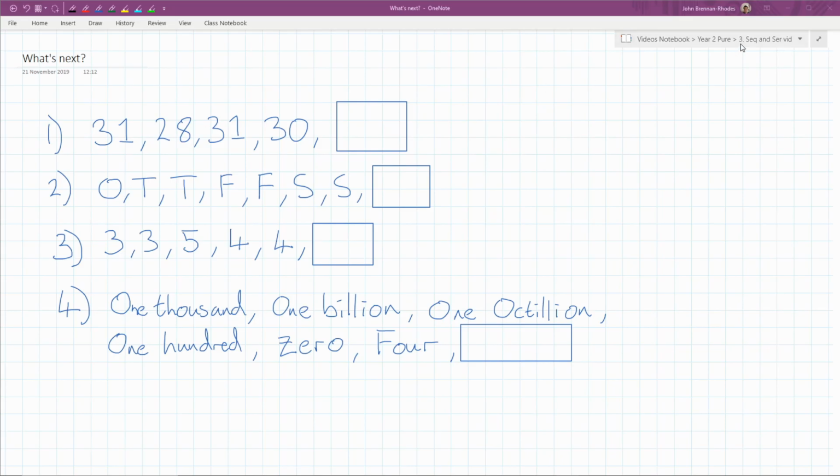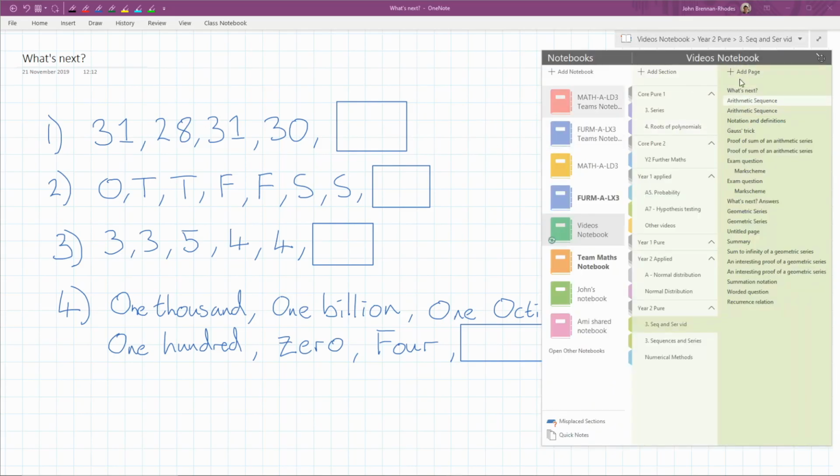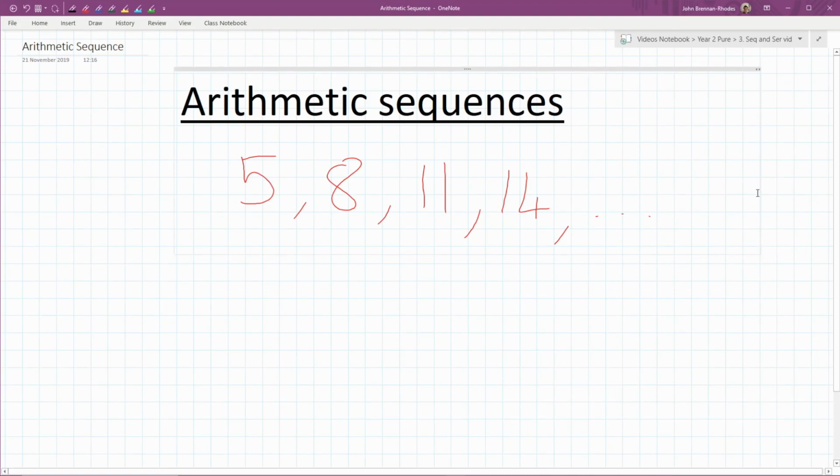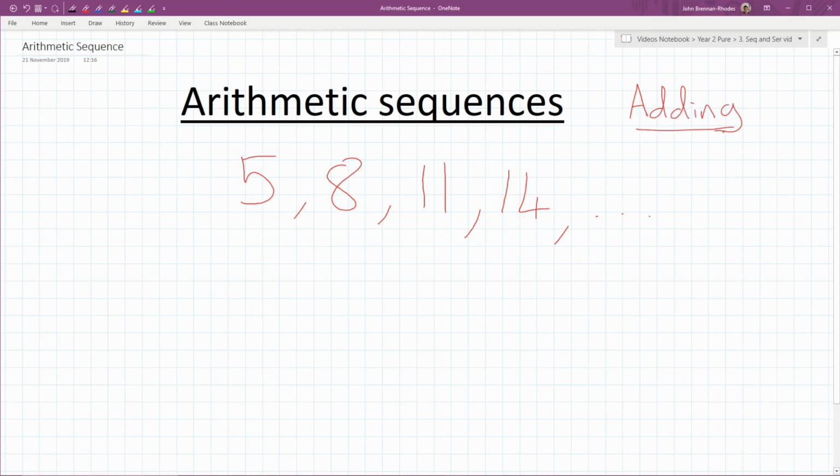Okay, so the first kind of sequence that we need to think about is an arithmetic sequence. And I guess the most important thing is to know that the key here is adding. Adding is the key to arithmetic sequences.